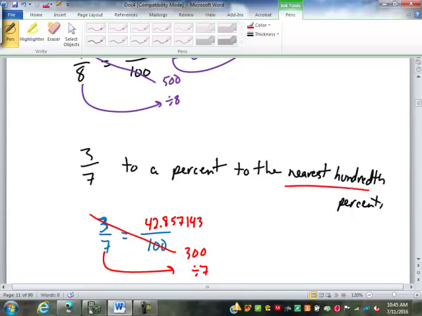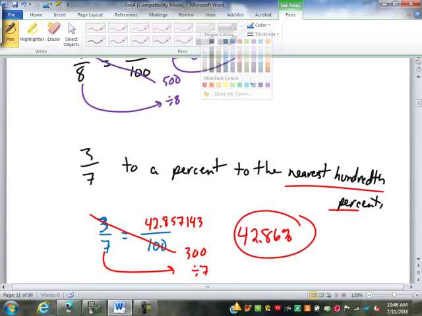So now to the nearest 100th percent, that's going to be what? 42.86. Because we look at that, 5 is in the 100th place, but the next digit is 7, so it rounds up to a 6.